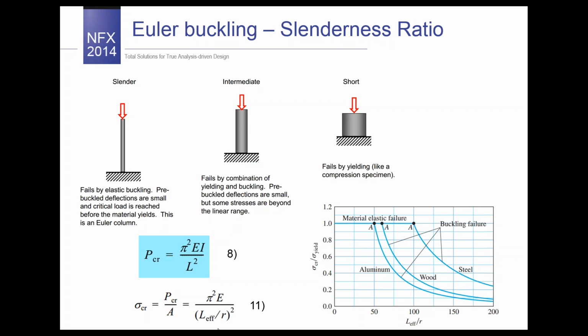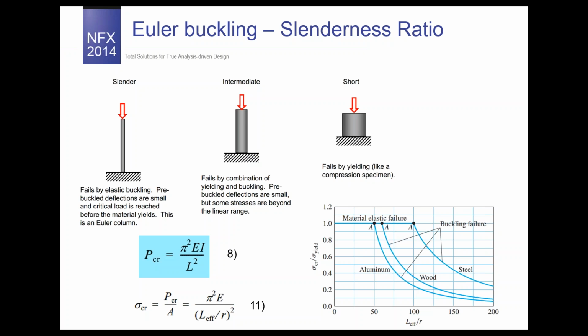This equation is valid only in the elastic region, for the cases where sigma critical is less than sigma yield. We can use non-dimensional variables, as used in the plots in the figure which has been presented.